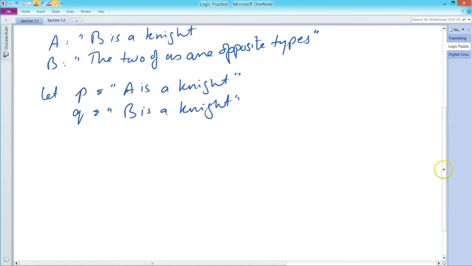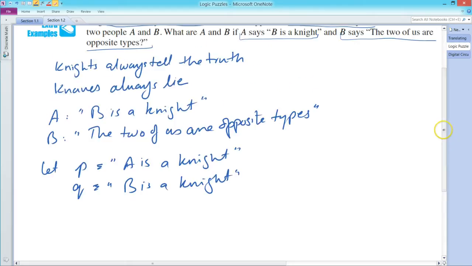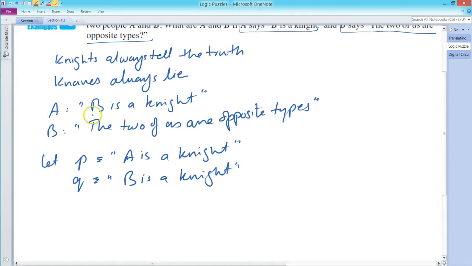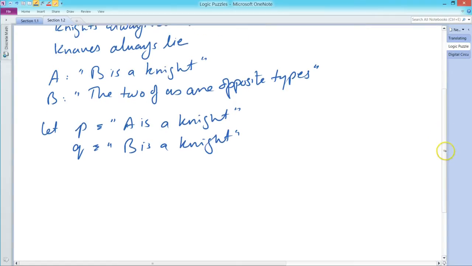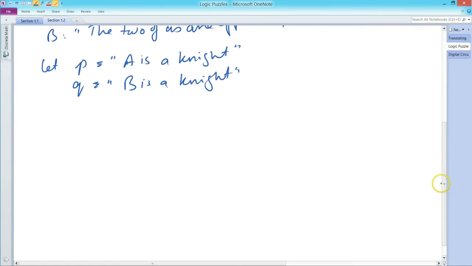So let's look at all the possibilities for person A and person B, and see which of the possibilities conform with the two statements here. So let's start with possibility number 1. Possibility 1. Let's assume that A is a knight.